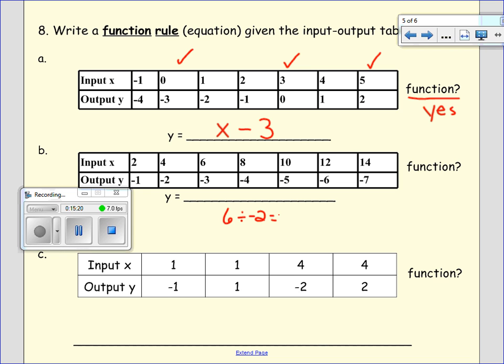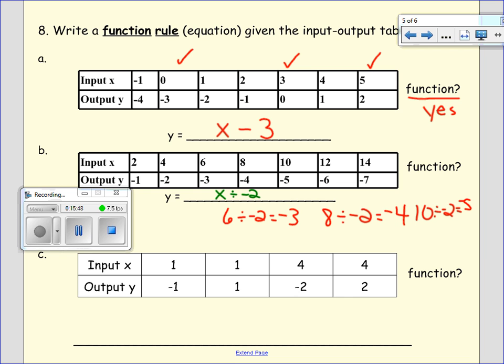Let's try it again. 8 divided by negative 2, would that equal negative 4? Yes. Let's try one more. 10 divided by negative 2, would I have the output of negative 5? Yes, I would. So my function rule for this example would be x divided by negative 2.